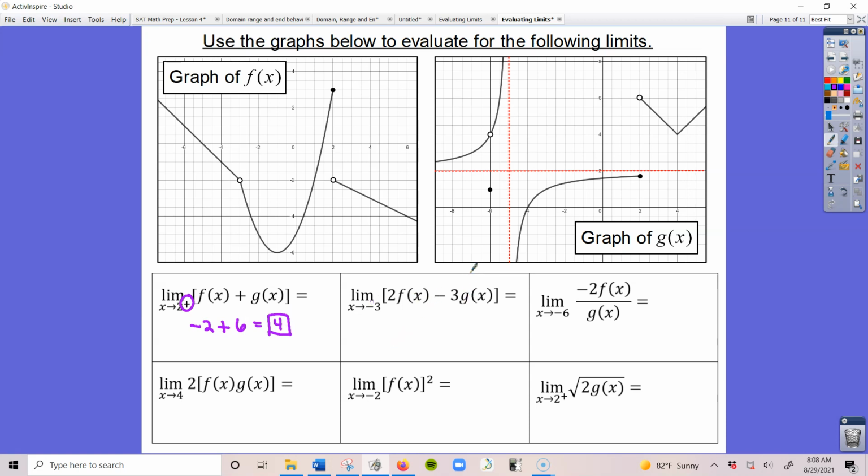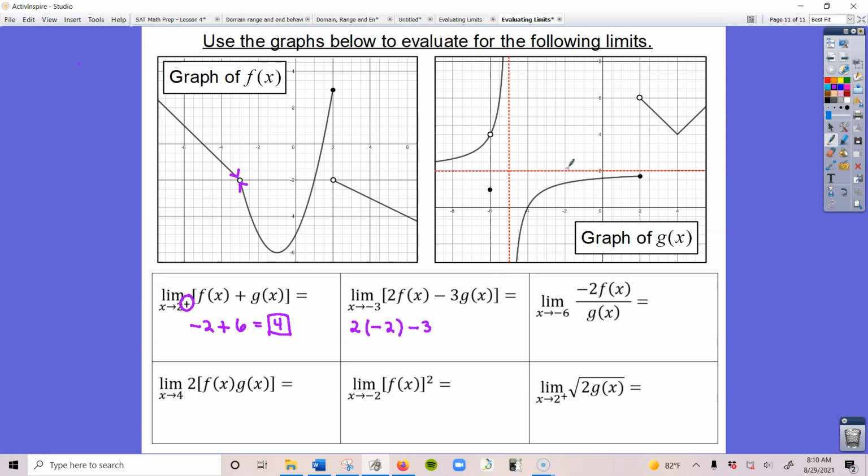Now let's look at this one. We have the limit as x is approaching negative 3 of 2 f of x minus 3 g of x. So remember, when you have a constant, you can just multiply that after you find the limit. If I look on my graph here, for f of x, as x is approaching negative 3, we have a hole here, but remember, it doesn't matter as long as the left approaches the right, and that number is negative 2. Now we continue here, so it's minus 3, and I'm going to multiply that with the limit as x is approaching negative 3 of g of x.